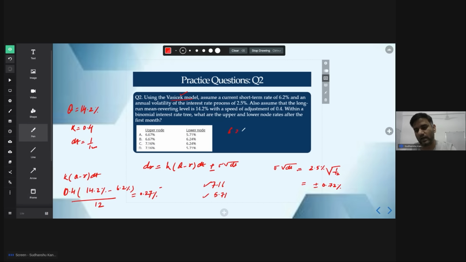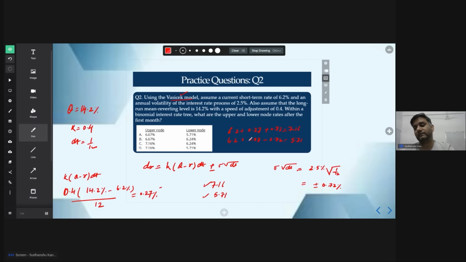In that, you added your drift term, which was 0.27, which made it 6.47. Then you added 0.72, and you got 7.16. And 6.2 was the original value. There you added the drift term, that's fine, but you have to subtract 0.72, so this is what you have, and you get 5.71.